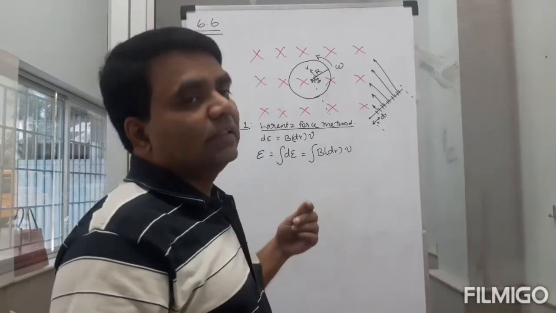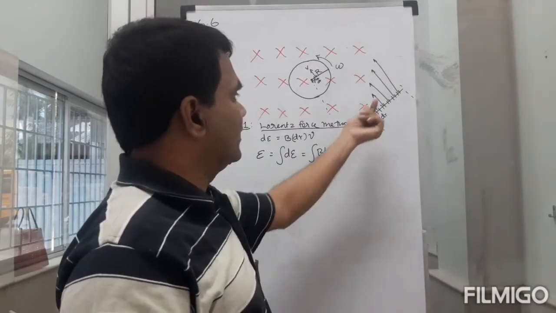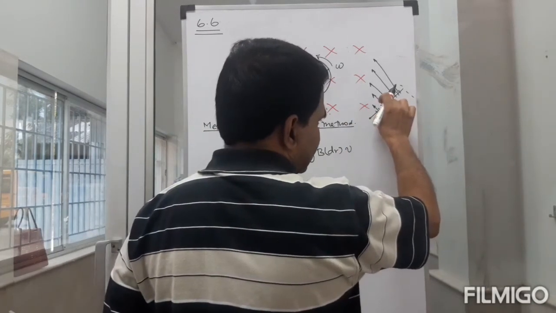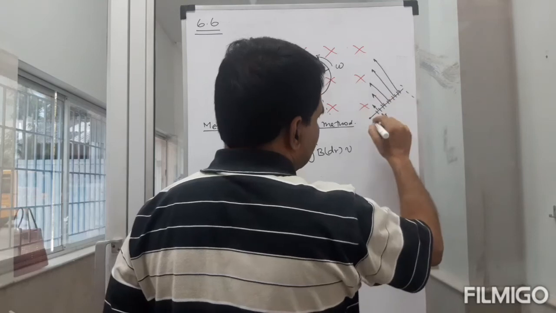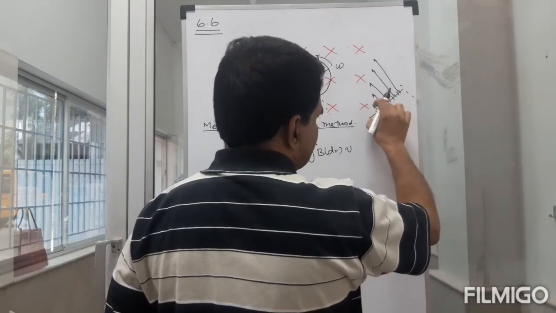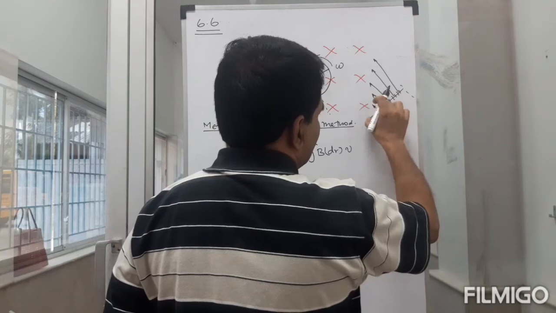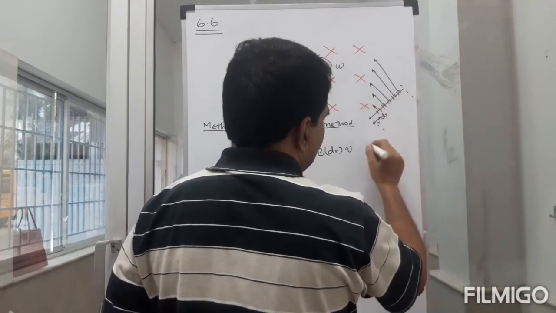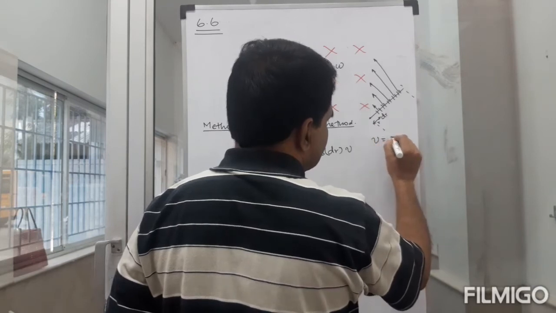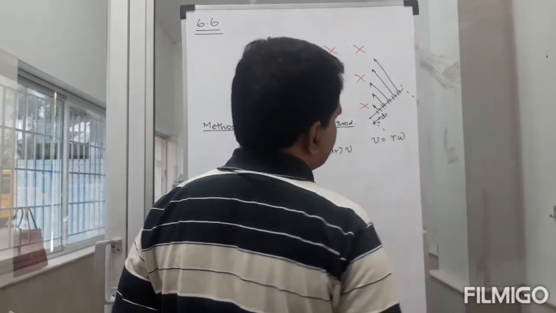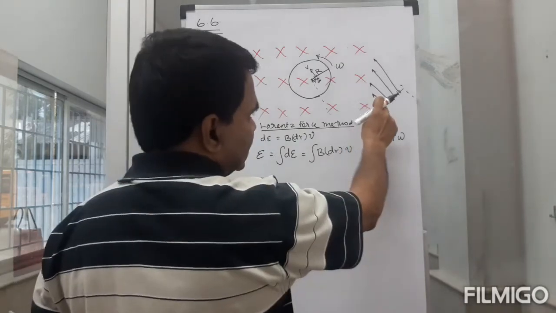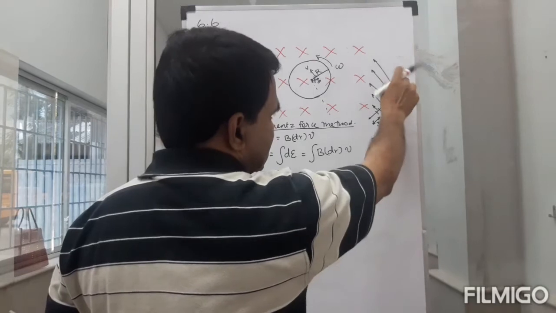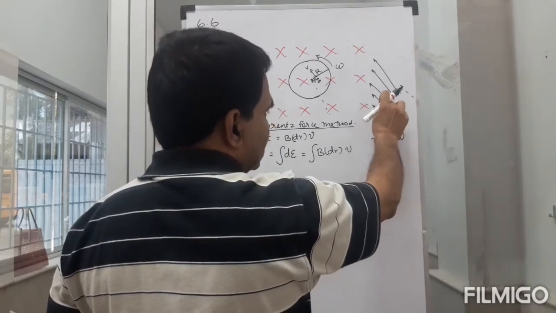So how do you represent each velocity? If I take a particular small length dr at a distance r from the center, the velocity is r omega. As r increases, the velocity keeps increasing because omega is constant.